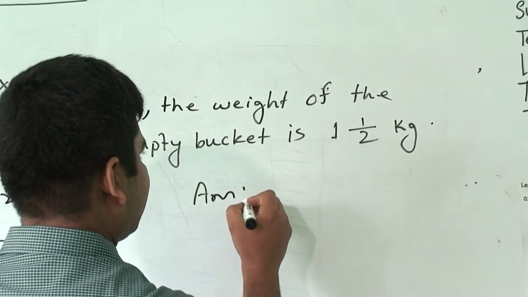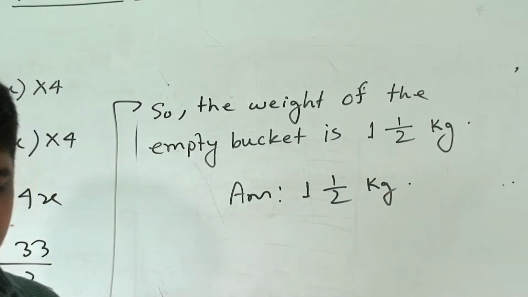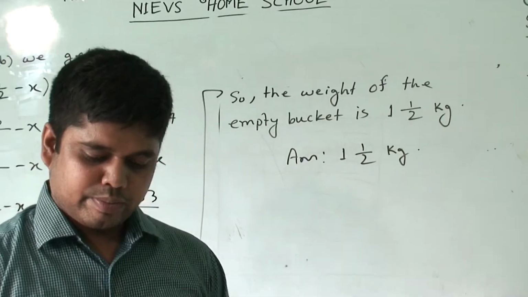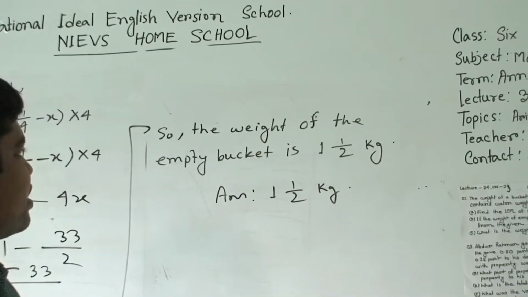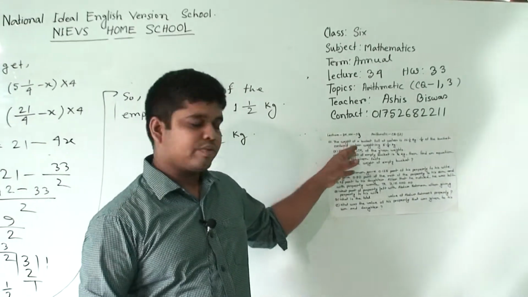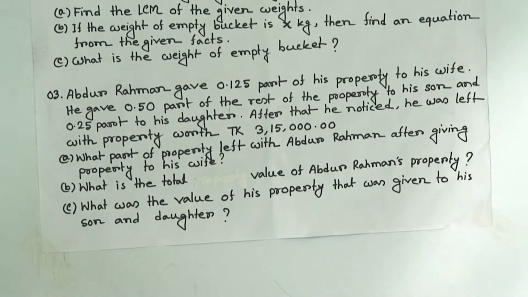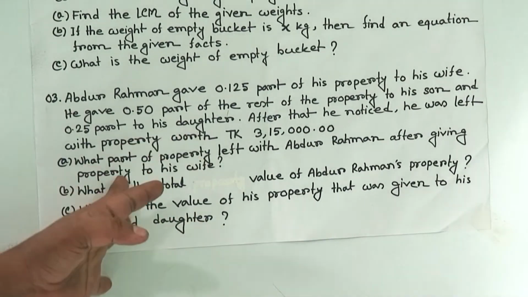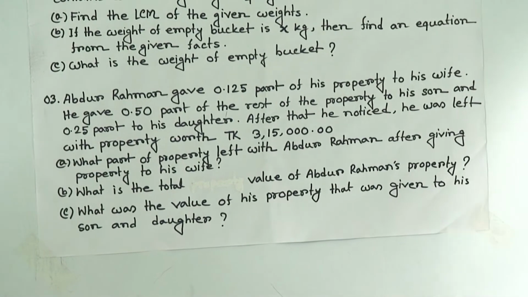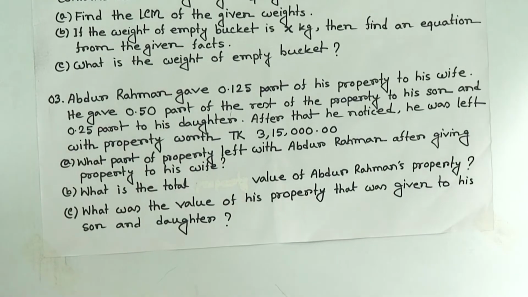Answer, 1 1/2 kg. I hope you have understood. My dear students, this is our today's lecture. That means our today's CW, and question number 3 will be your SW, because we have already done an odd problem just like this. That odd problem is divided into 3 parts. I hope you can easily solve this math by using that odd problem.